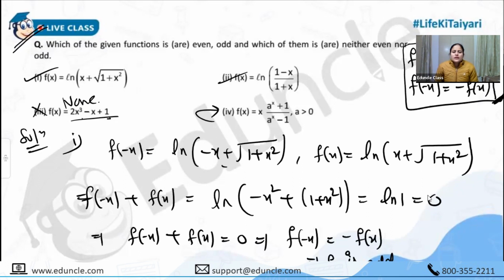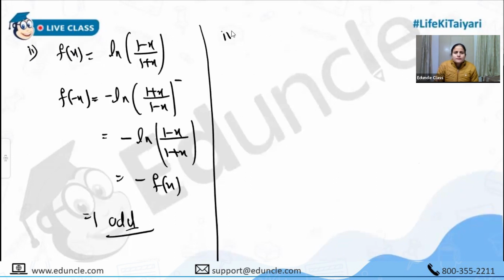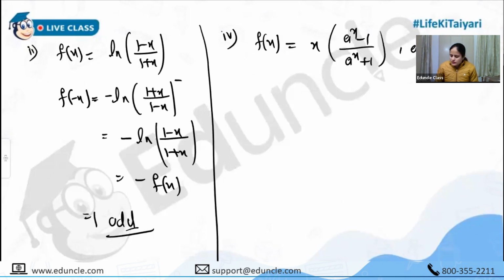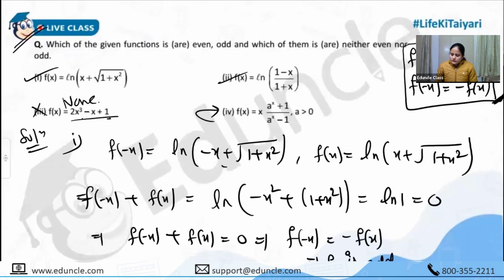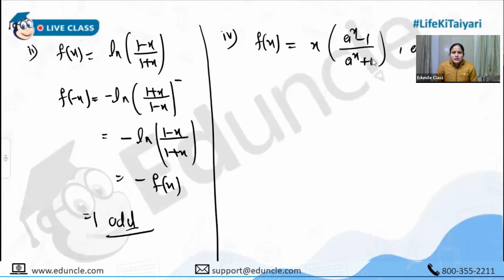And what about this? f of x is equal to x times a raised to x plus 1 upon a raised to x minus 1, where a is positive. Fourth is even.